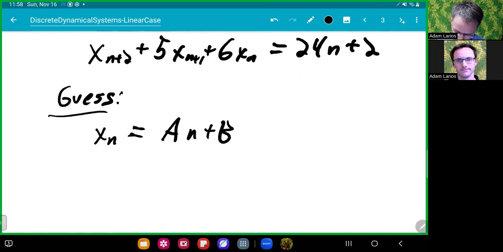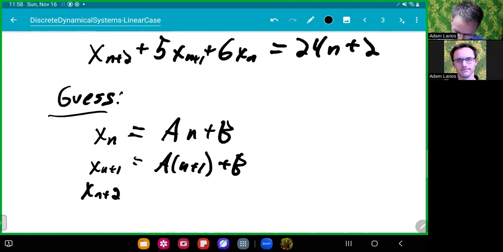So if we plug it in, then of course x_{n+1} is a(n+1) + b and x_{n+2} is a(n+2) + b. Our only guess is this; the rest follow.